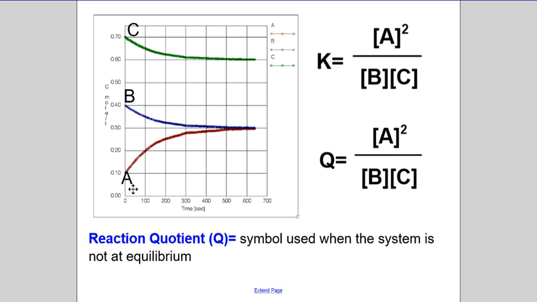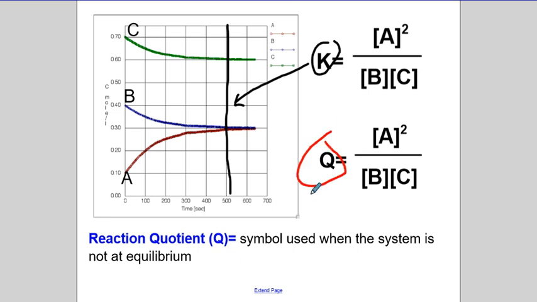Over here, the system's not at equilibrium because these are still trying to get to that stable point. So this part is at Q. You'll notice the expressions for these are exactly the same. It's just that, expression-wise, this part right here represents this section of the graph. So this is K, and Q, this guy right here, represents this part of the graph.